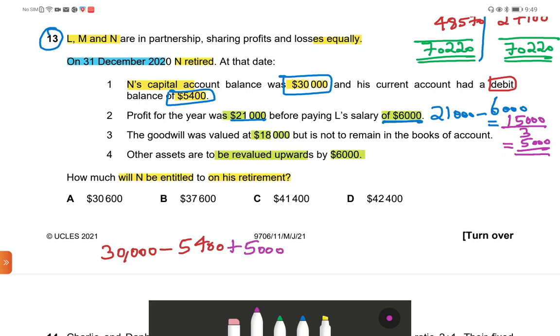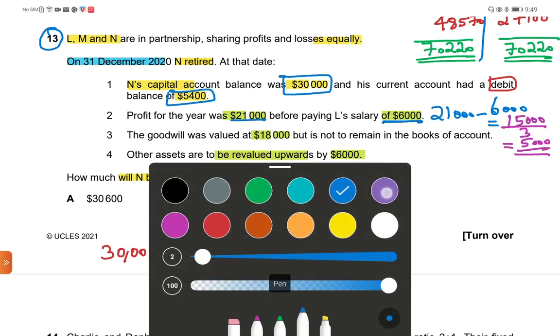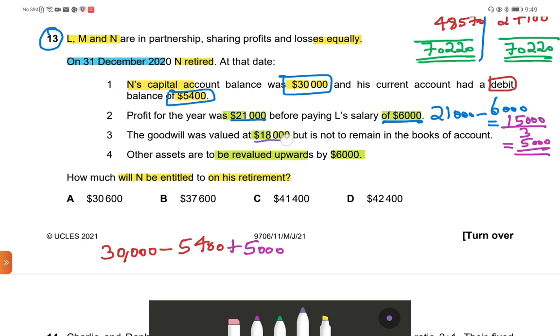Next, goodwill was valued 18,000. The goodwill amount is valued 18,000. So when one partner is retiring, he is sacrificing his goodwill. So the gaining partner should give his goodwill portion. He has to get the amount at the time of retirement.